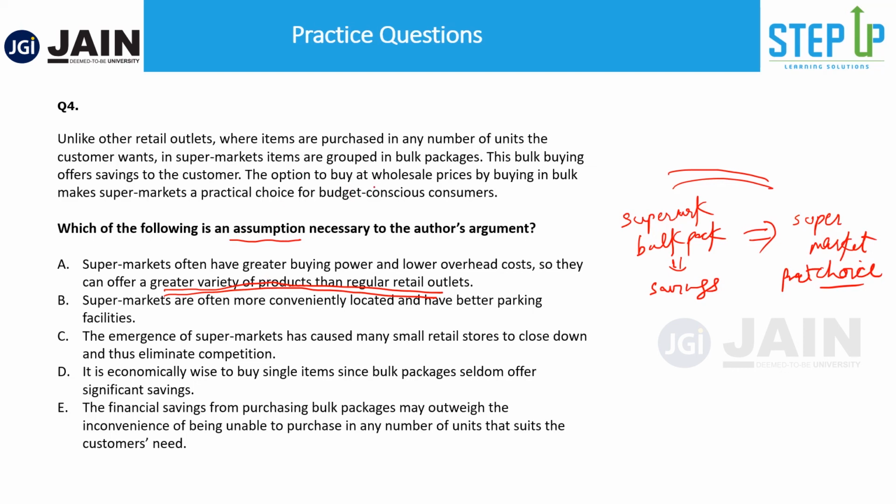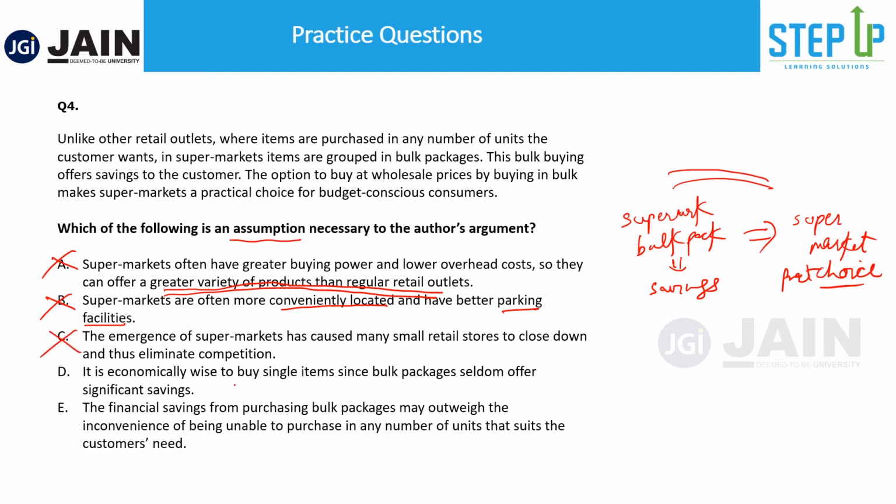The author was saying because of the bulk buying and savings. So this is not what the author was saying. Supermarkets are often more conveniently located and have better parking facilities. This one's talking about convenience and parking facilities, which will go against what the author is saying. So not really. The emergence of supermarkets has caused many small retail stores to close down and thus eliminate competition. Again, this is out of scope.